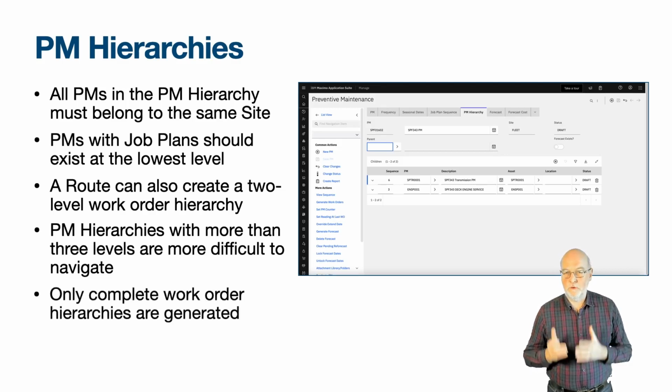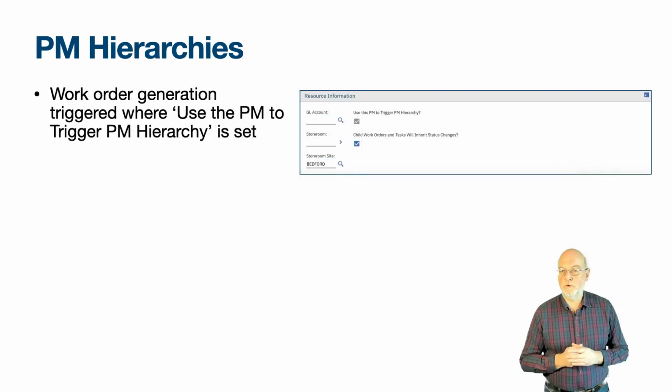PM hierarchies create work order hierarchies, and not a set of single work orders with no parent. During the work order generation processes, Maximo evaluates the PM hierarchy where the field Use this PM to trigger PM hierarchy is set. It is always set and read-only for the top level PM, but it may be unset for descendant PMs.